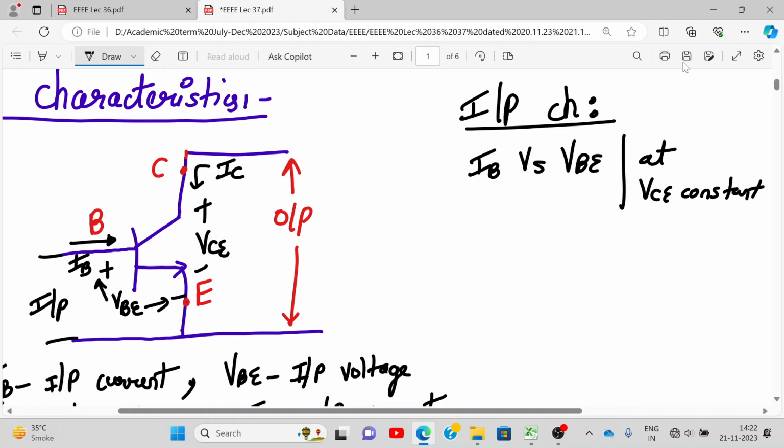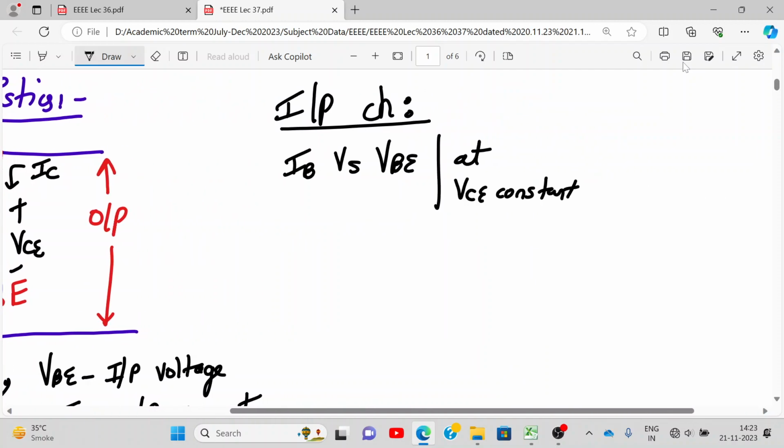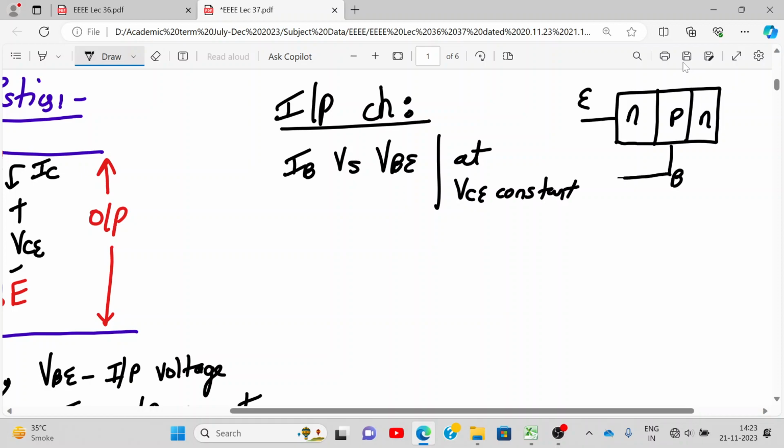Understood? Now basically the base emitter junction in active region is acting as a PN junction, right? You know, we have an N, P, N, and this is my emitter, this is my base. Normally we forward bias the base emitter junction and it behaves as a PN junction, right? So the characteristics will be, now what will come where?